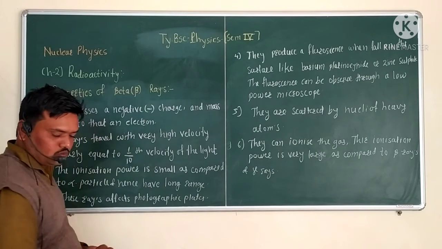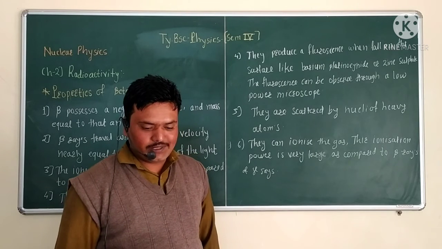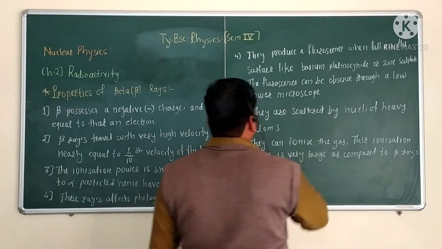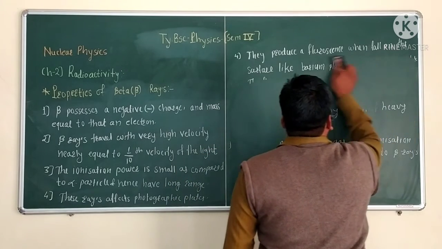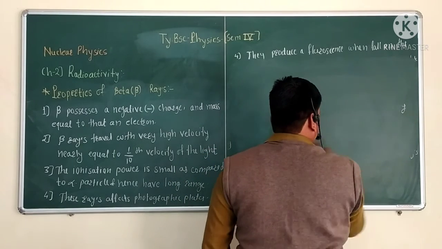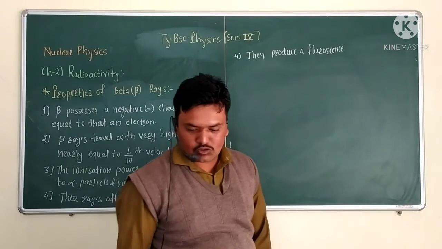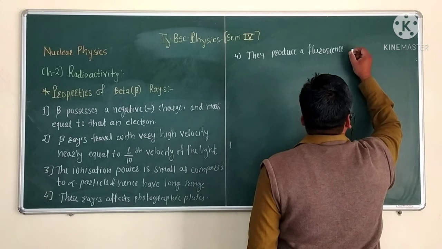So this is the fourth property. The next property, that they produce fluorescence in barium platinocyanide.